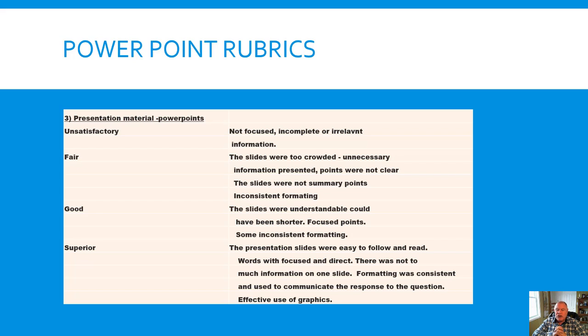Good is the slides were understandable, could have been shorter, focus points, some inconsistent formatting. And then superior were easy to follow and read, words with focus and direct. There was not too much information on one slide. The formatting was consistent, effective use of graphics. So when we're looking at the PowerPoint, the communication does become very important.